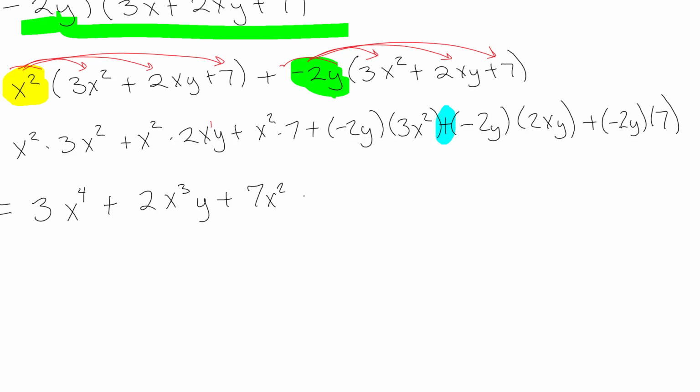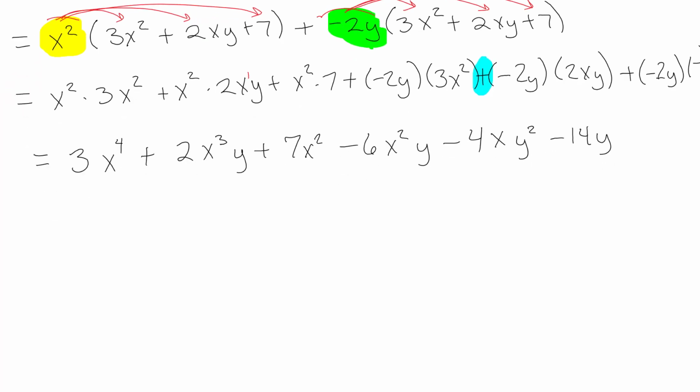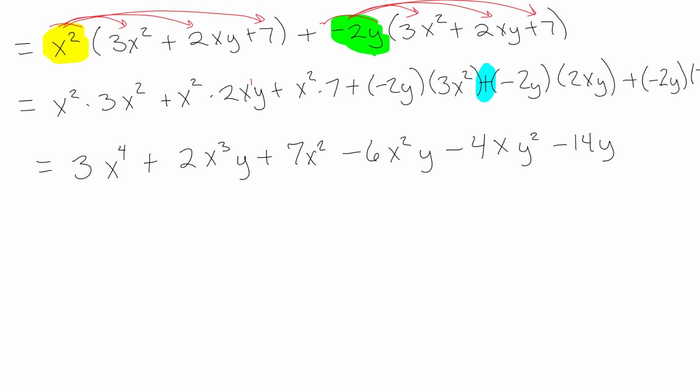Then we've got a minus 6x squared y. Negative 2 times positive 2, still negative 4, x, y times y is y squared. And again, if it took you more steps to get there, that's fine. If you're not sure what's going on, just keep writing stuff out. That's never harmful.